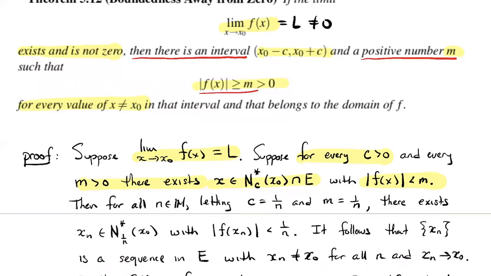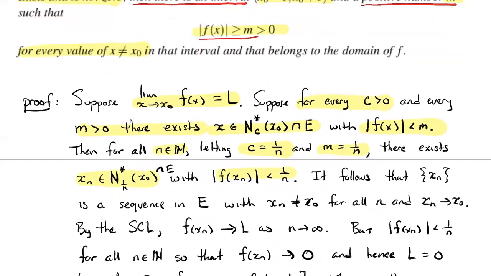Okay, well, so once again, if I can do that for every c, then I can choose c to be the reciprocal of any natural number. For any positive number m, I can let m be the same thing, 1 over n, a positive number. And I can always find something that depends on n. So it's in this deleted neighborhood of x naught. It's also in the domain of the function. This xn is also in E, and its function value in absolute value, f of xn, is no more than 1 over n.